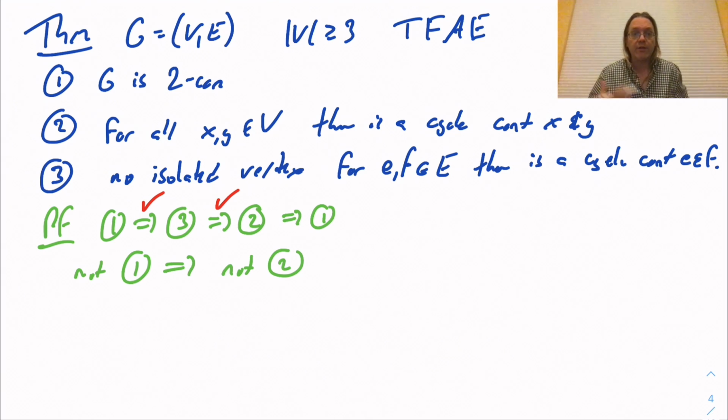The other possibility is, well, it might be that your graph violates 2 connectivity for the reason that G has a cut vertex.